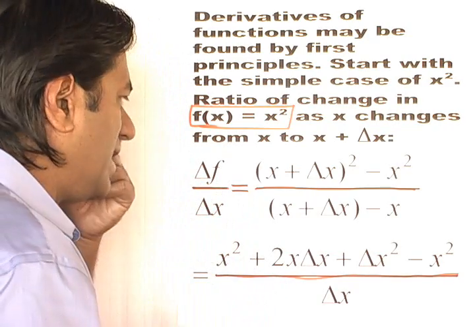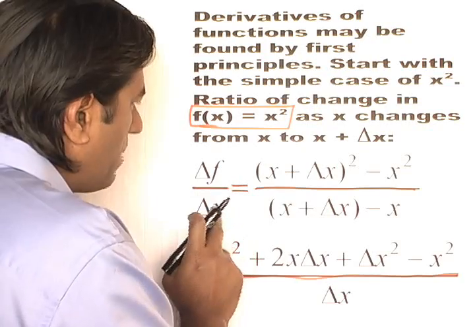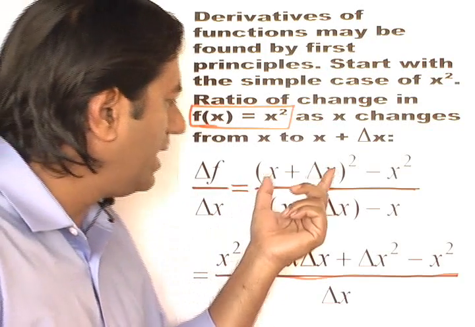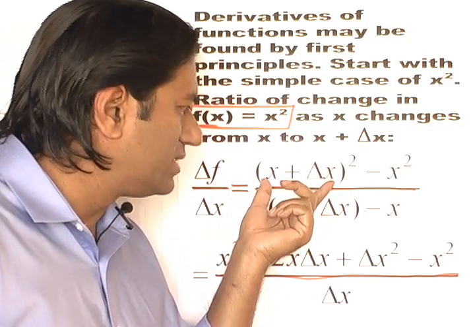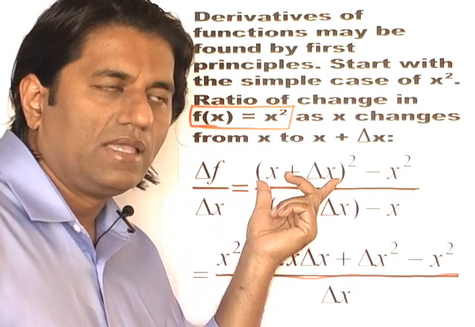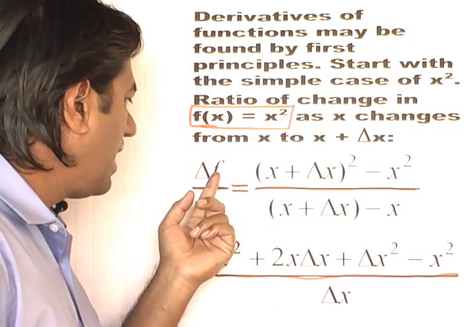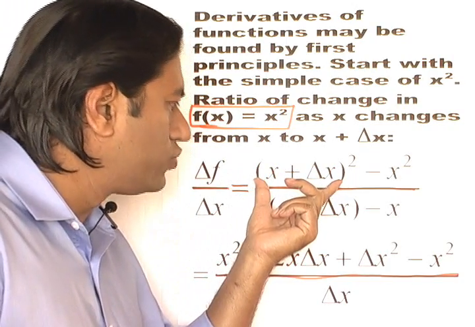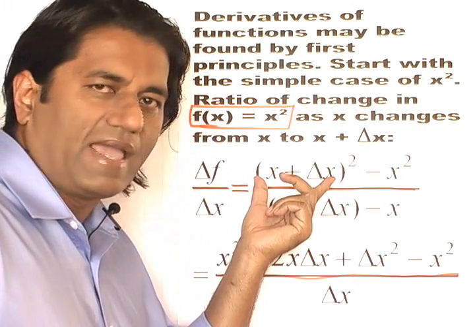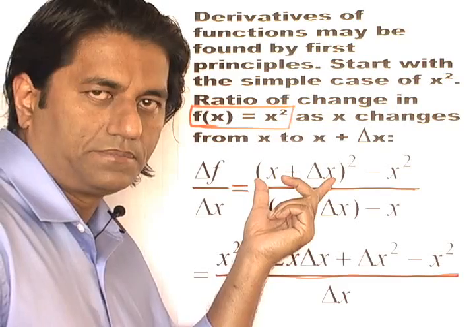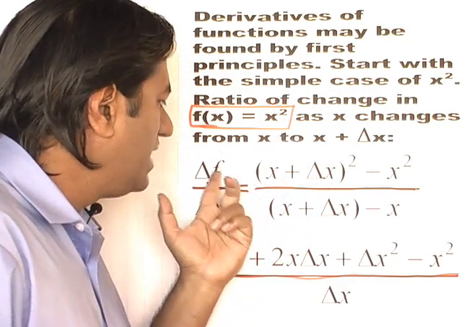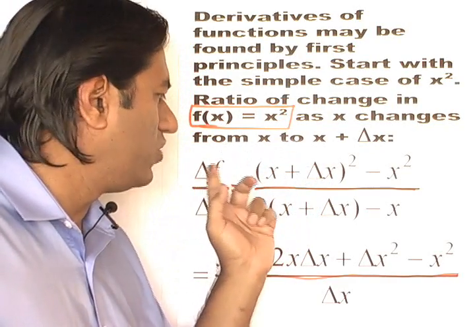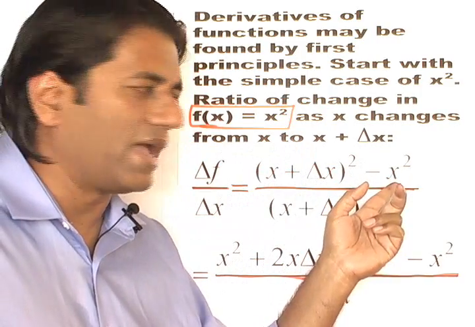And what is the change in f by the change in x? Well, if x changed from x to x plus delta x, then f would change to (x plus delta x) squared. And the change in f would be minus the initial value of f, which was only x squared.